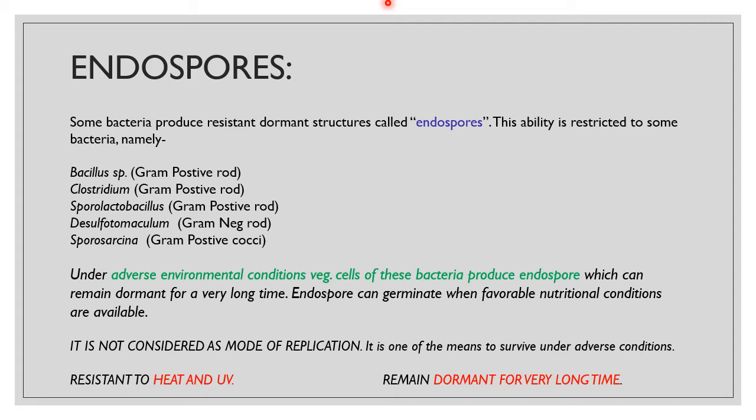Endospores are resistant to heat and UV, and they remain dormant for a very long time. These are the main characteristics of endospores. They are useful for these bacterial genera, as they provide protection from heat and UV, and the culture can remain dormant for a very long time.